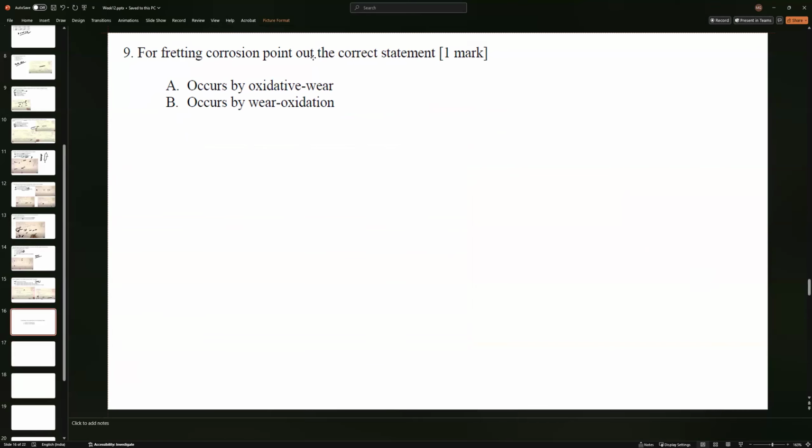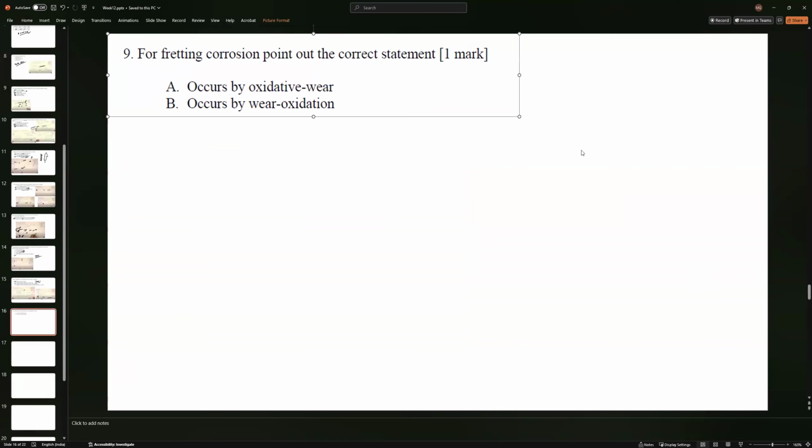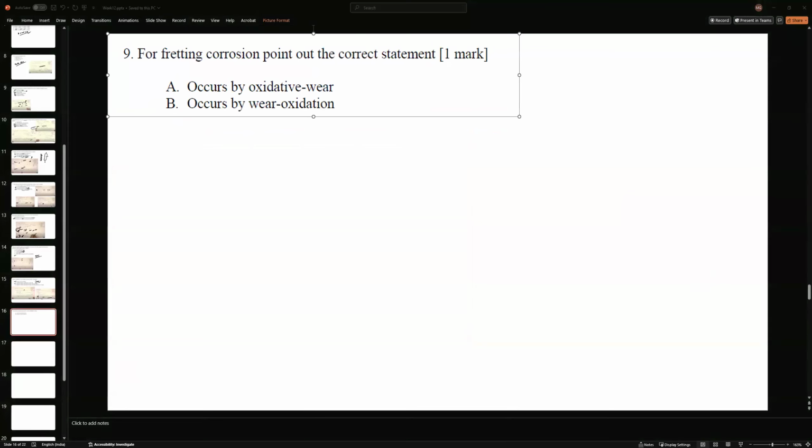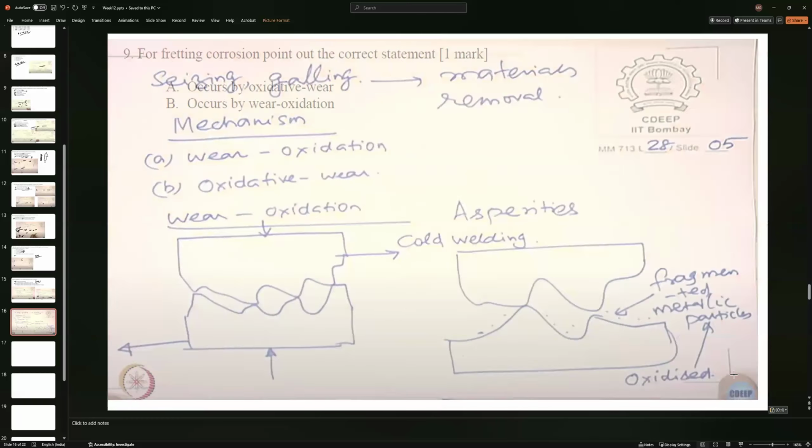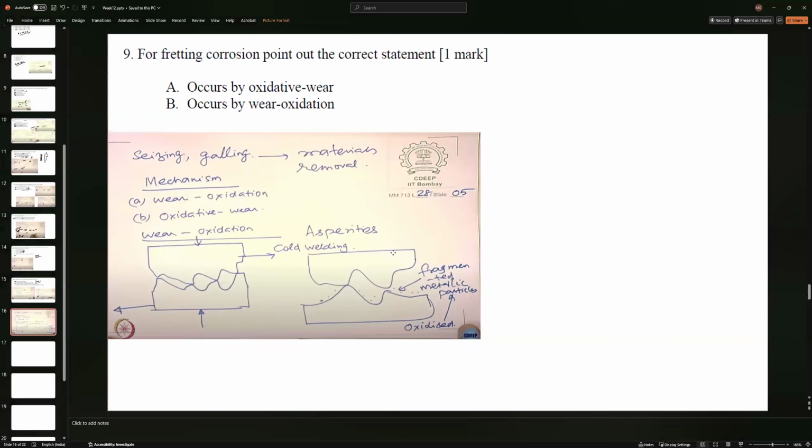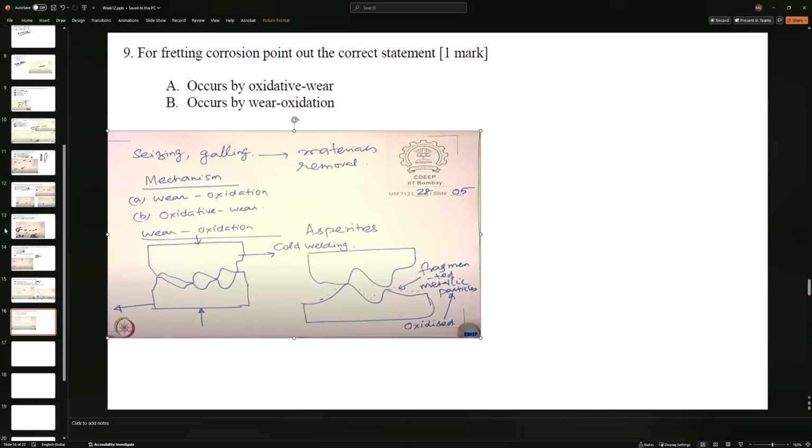He's talking about fretting mechanism. Point out the correct statement. There are two mechanisms that are correct. First, there's wear first and then oxidation.